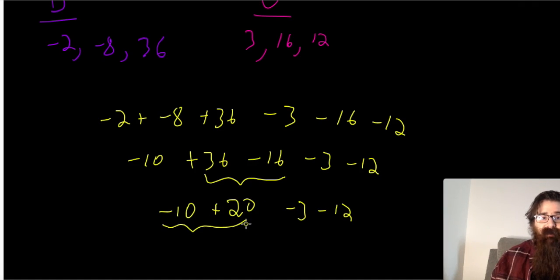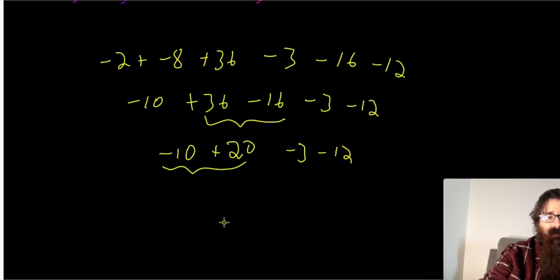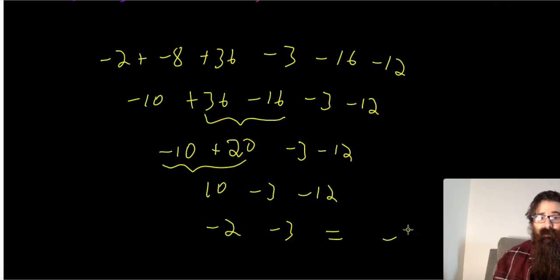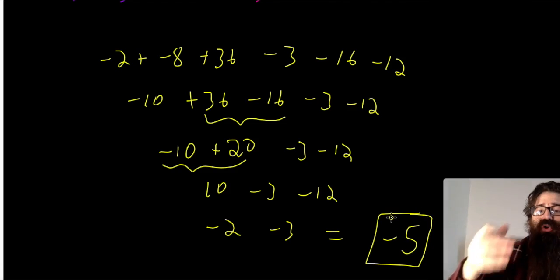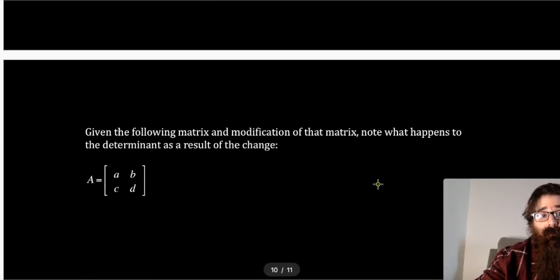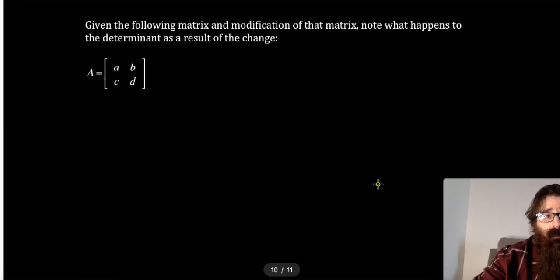I like -10 and 20, because I know this is going to give me positive 10. I like 10 minus 12 next is -2 minus 3 gives me -5 for that final answer. Just another way to find determinants of 3 by 3s. It's kind of cool. Show your friends, show your parents.